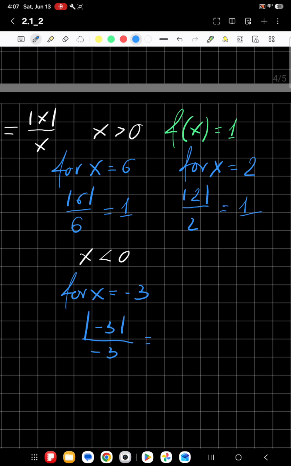The absolute value of negative 3 is 3, so that's negative 1. The same thing happens for every number that I pick. If I pick negative 16, I get positive 16 over negative 16, so I would get the same answer, negative 1. So f of x in this case is going to be negative 1.